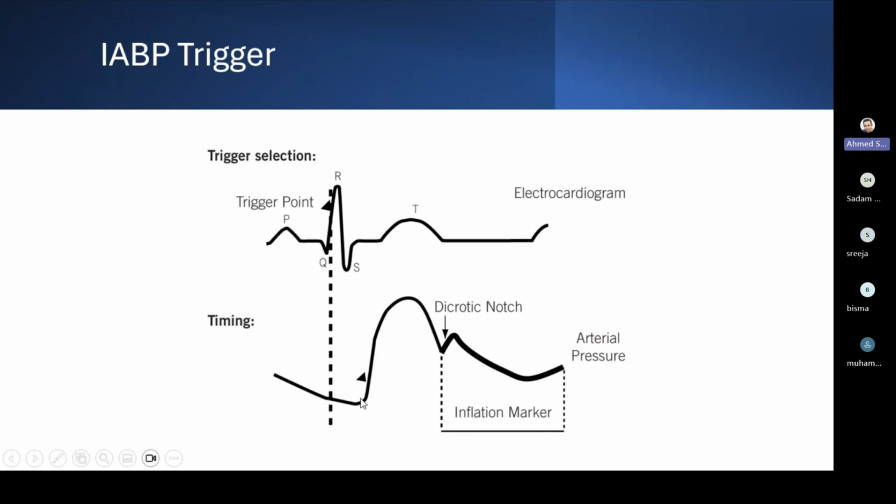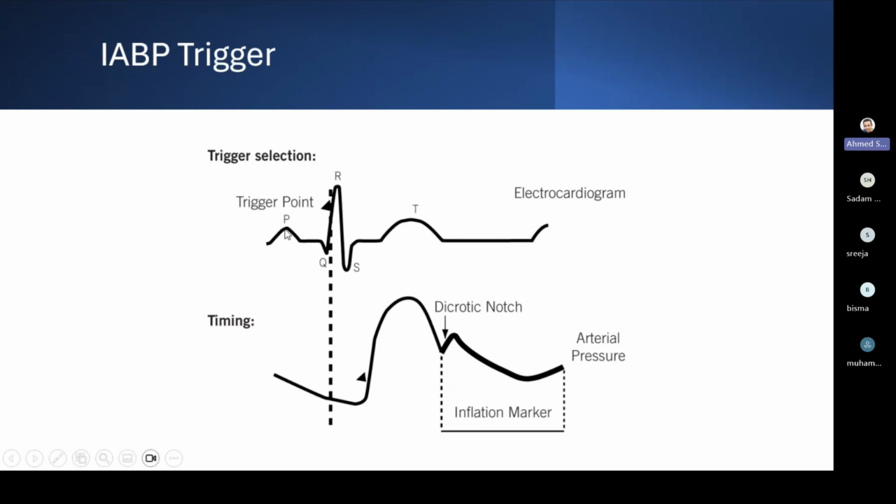So the machine at this point will start the deflation of the intra-aortic balloon, and the machine will use the dicrotic notch in order to identify the beginning of the diastole, so it will start the balloon inflation.